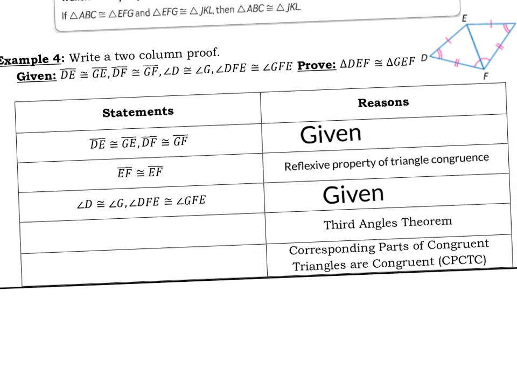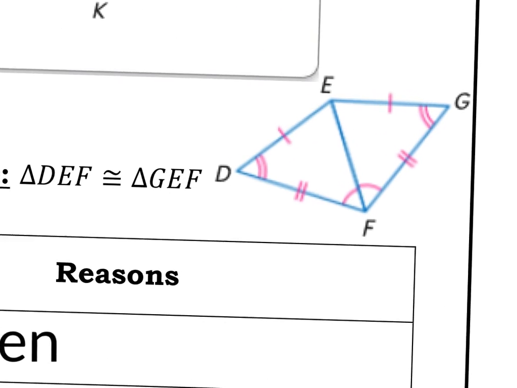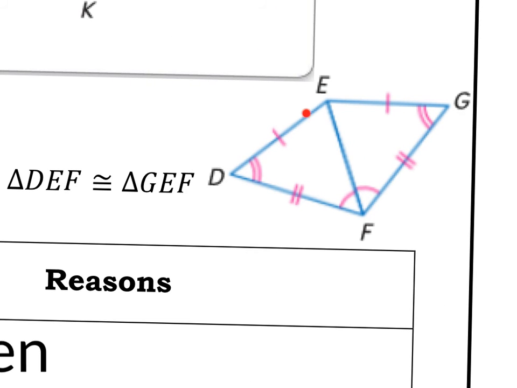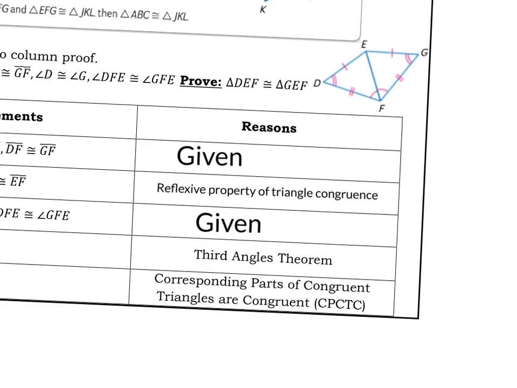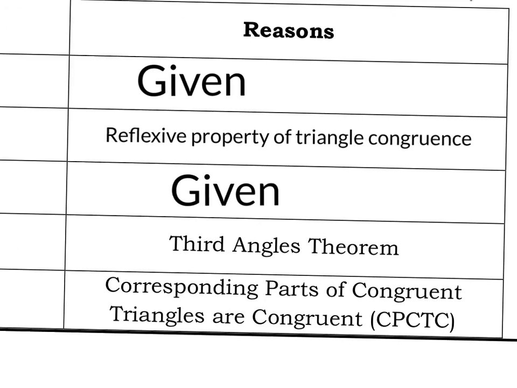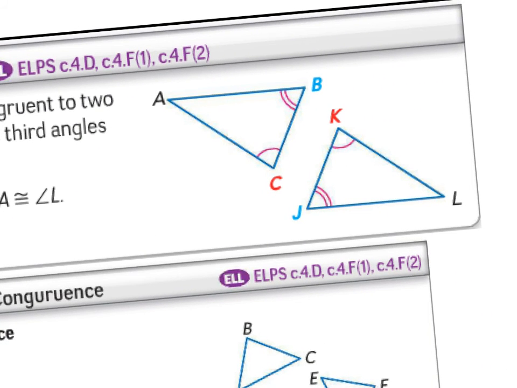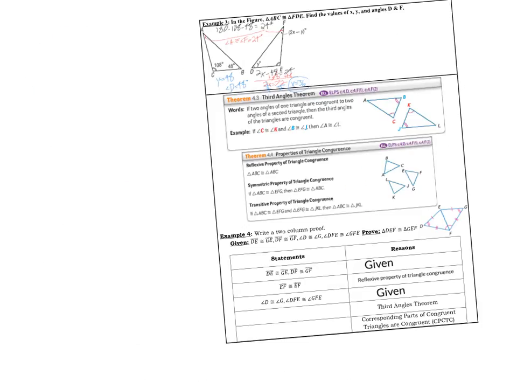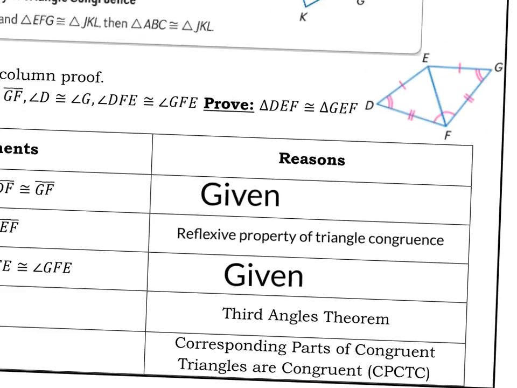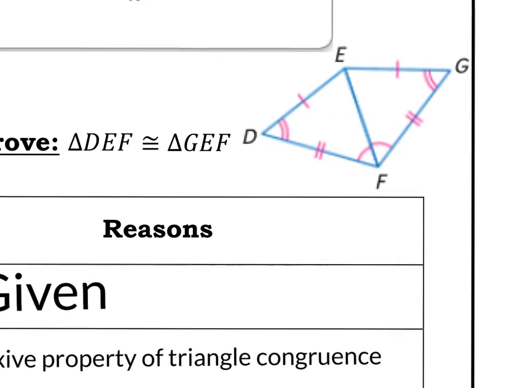So moving on, we know that 2 of the angles are congruent. So basically I just need to prove that this third unmarked angle is congruent. You probably already saw it, but I am going to talk about the third angles theorem, which says that if 2 of the 3 angles are marked as congruent, then you can conclude that that third angle is congruent. So we just need to properly identify that third angle.